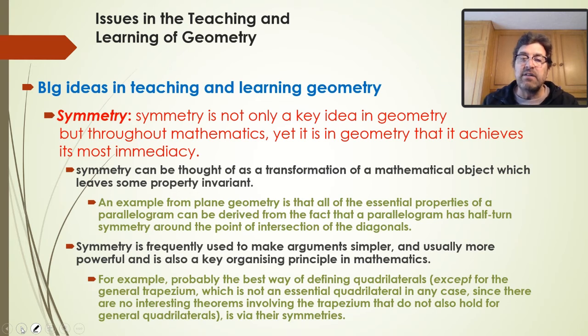Okay, so folks, please, for example, here we say, probably the best way of defining quadrilaterals, except for the trapezium, is via their symmetries. Think about in algebra, the hyperbola. It's symmetric in its center, the rectangular one. So that means, in the origin, if you have point (a, b), point (b, a) is on the hyperbola, point (-a, -b), point (-b, -a). Eight variations of that one coordinate pair is based on symmetry.